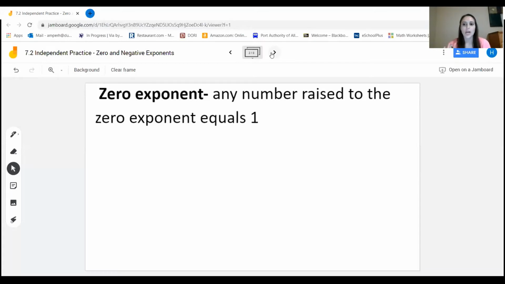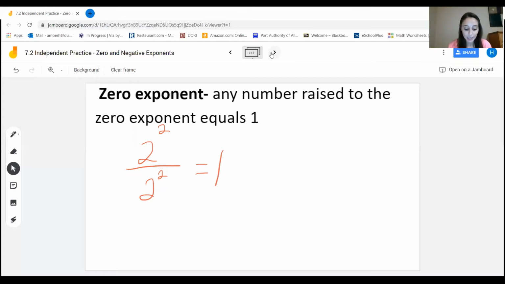So to show you what I'm talking about, we've been using 2 as an example, right? 2 to the 2 divided by 2 to the 2 is 1, right? Because any number divided by itself is 1.